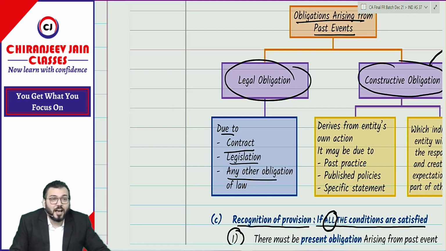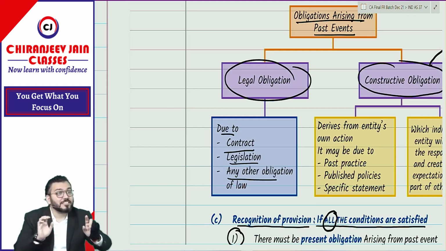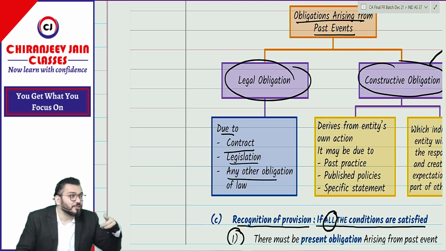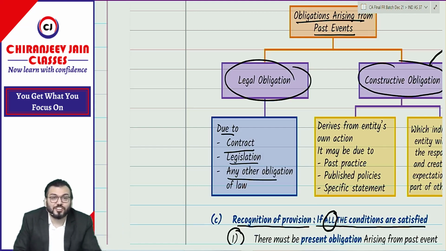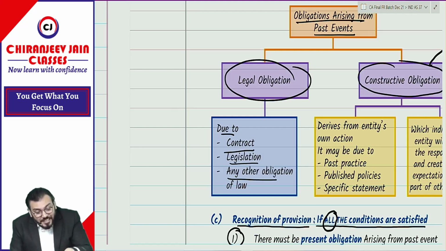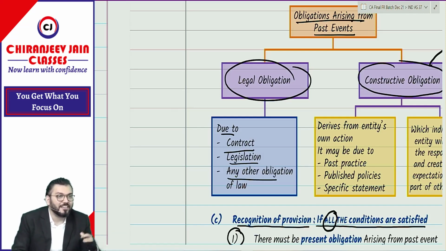Are chances high or less? That will depend upon your performance. So there are chances. Now I need to only forecast whether chances are high or not. If chances are high, should I create a provision? Are you able to understand? So can I say legal obligation may be due to a contract also.